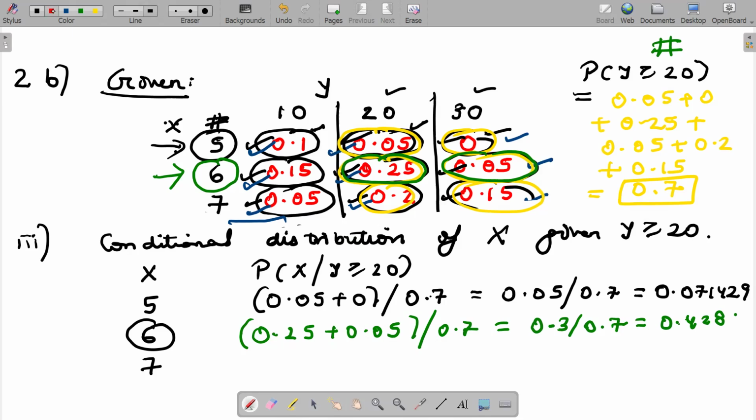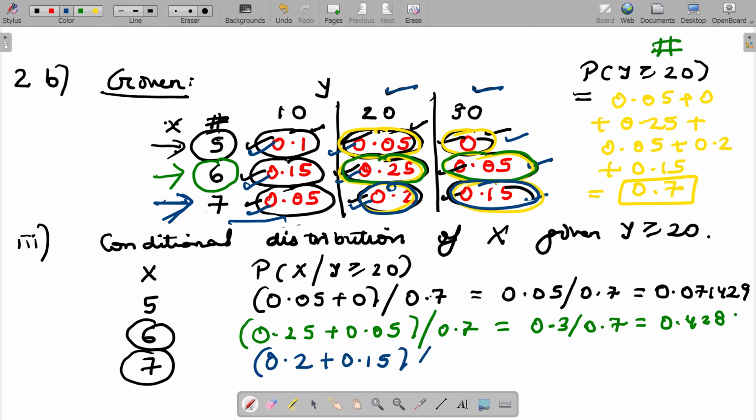And then the last one, what's the probability of x taking the value 7? Let me correct myself. I am on the last row when x takes the value 7. Favorable probabilities are 0.2 plus 0.15 because y greater than or equal to 20 means y equal to 20 and 30. So 0.2 plus 0.15.